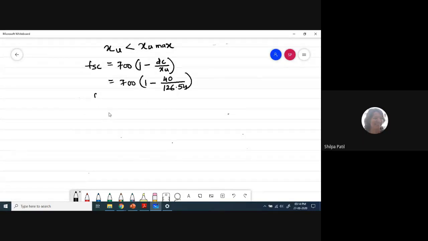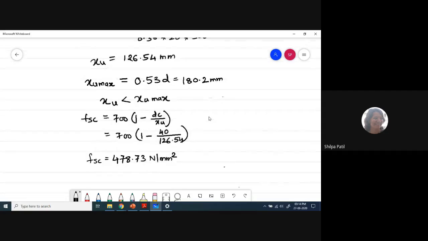Tell me again. 478.73. Okay, this is the value of FSC we are getting. We have to compare it with our initial assumed value.